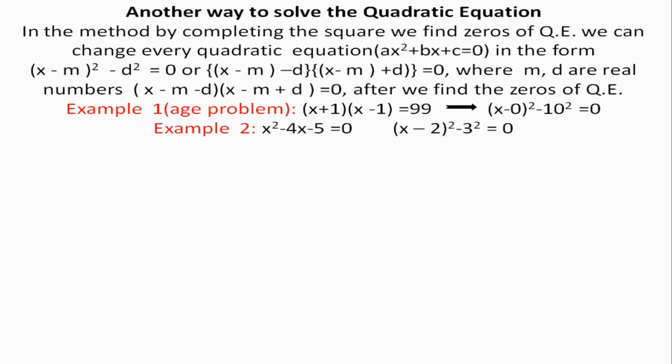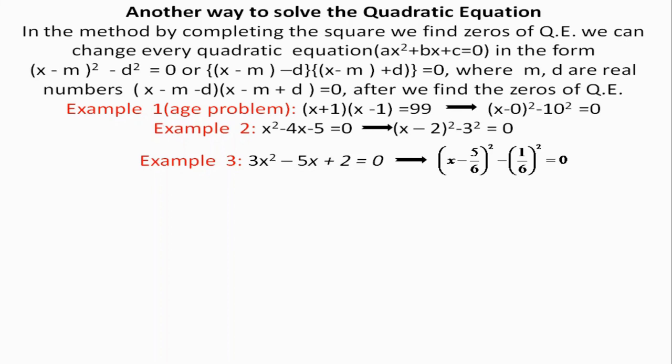We already changed it in the form (x minus 2) whole square minus 3 square is equal to 0. The third one, 3x square minus 5x plus 2 equal to 0. We change this equation in the form (x minus 5 by 6) whole square minus (1 by 6) whole square equal to 0.